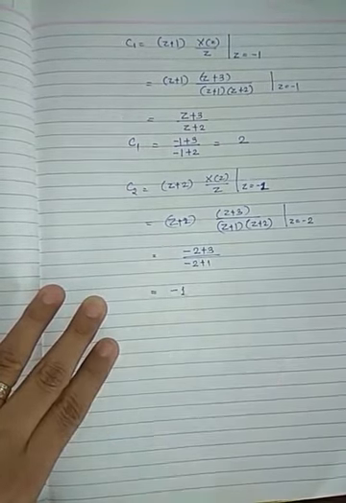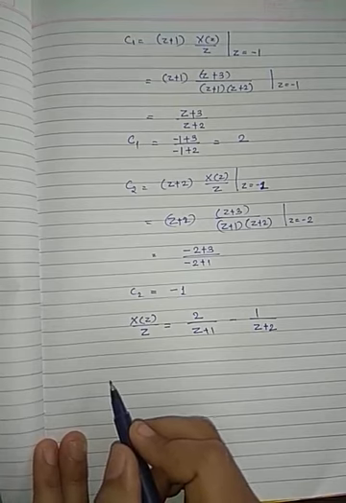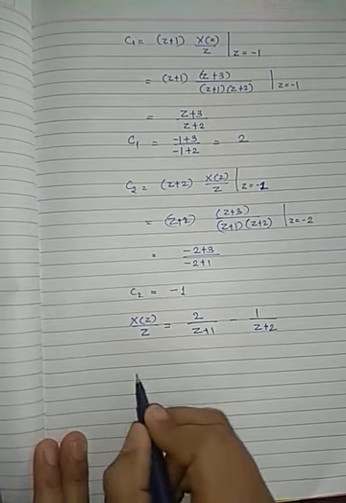So this sequence is a causal sequence, and by comparing with the z transform pairs, it is equivalent to x(n) = 2(-1)^n u(n) - (-2)^n u(n). So this is our inverse z transform here.